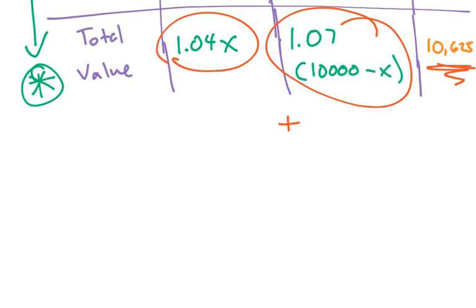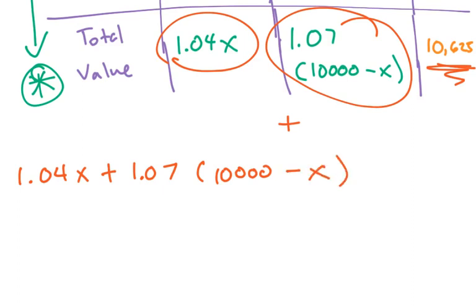In other words, 1.04x plus 1.07 times 10,000 minus x is going to equal 10,625. Okay, and now we solve this.